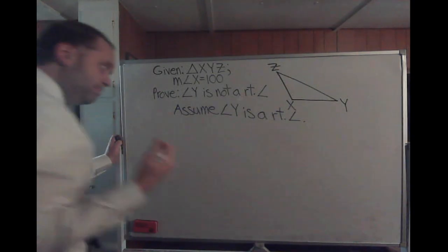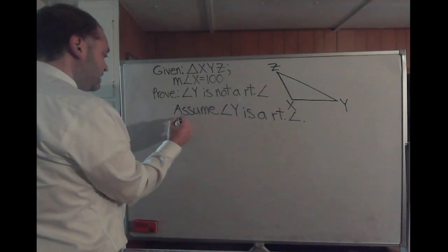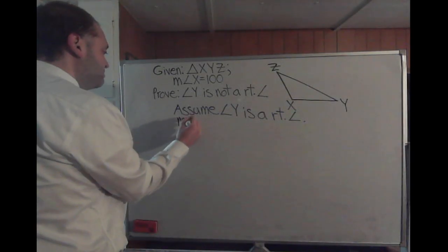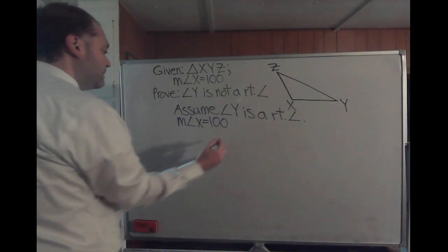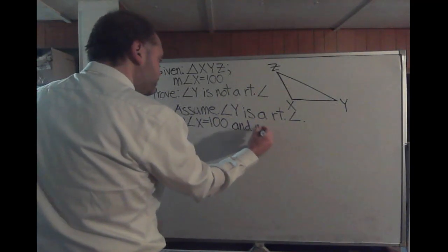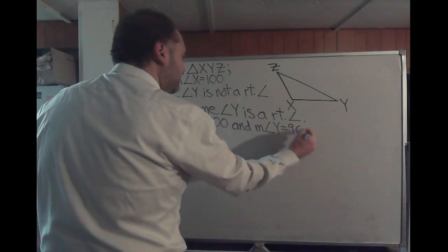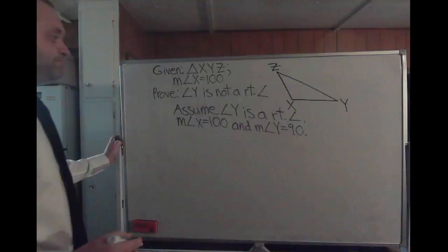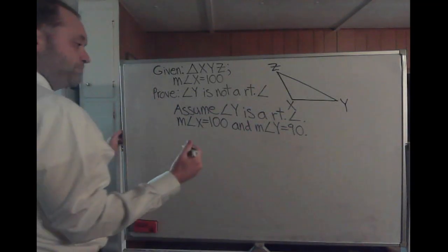So what does that mean? Well, let's see. The measure of angle X equals 100. And the measure of angle Y equals 90, right? If we're assuming that angle Y is a right angle, that means the measure of angle Y equals 90.